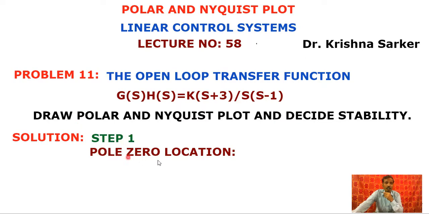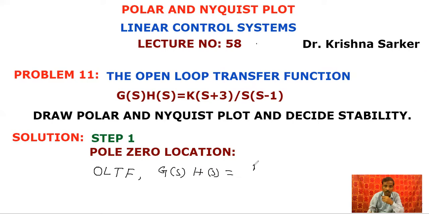So solution, this is step number 1: pole zero location. Here in this case, write down the open loop transfer function G(s)H(s) equals K(s+3) divided by s(s-1).